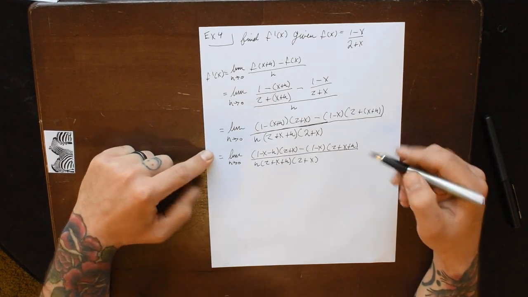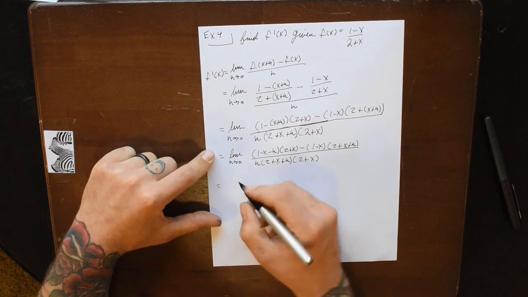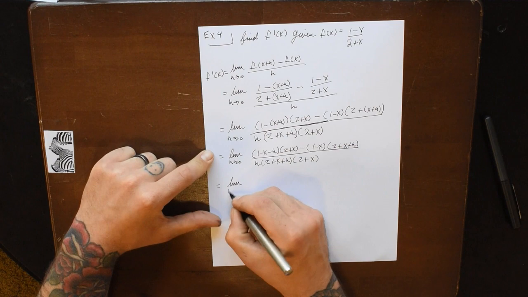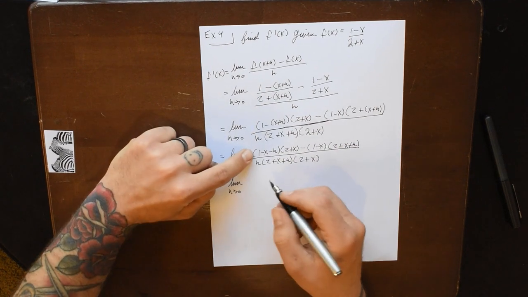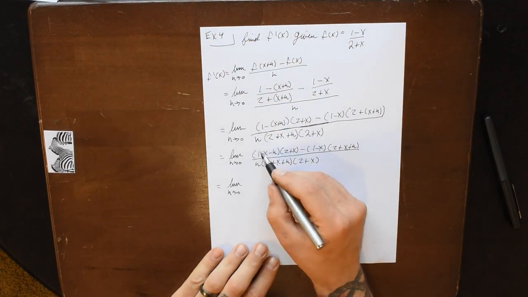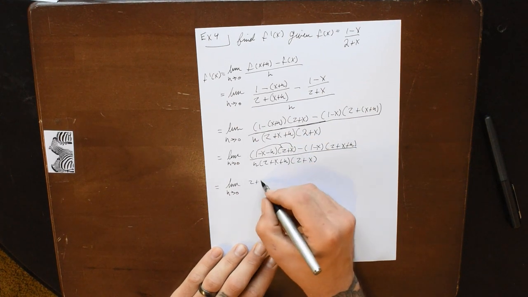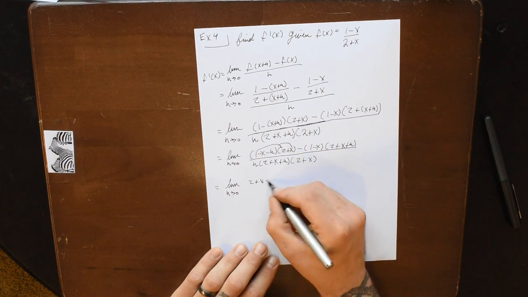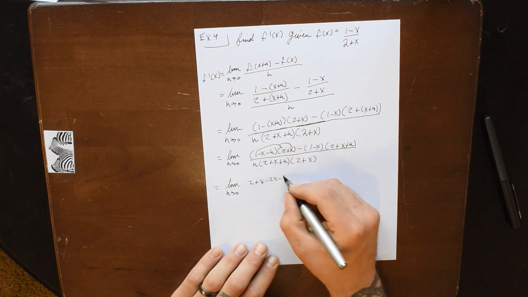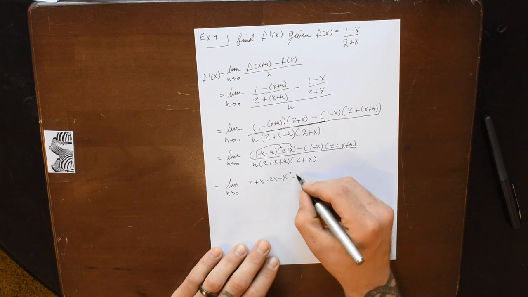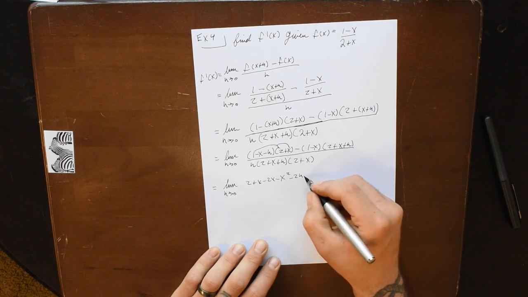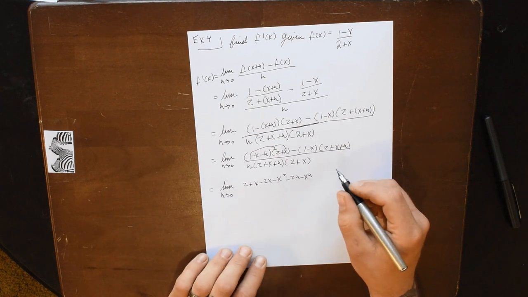Now we need to use our distributive property. This is going to be equal to the limit h goes off to 0 of, that gives us 2 plus x minus 2x minus x squared minus 2h minus xh.